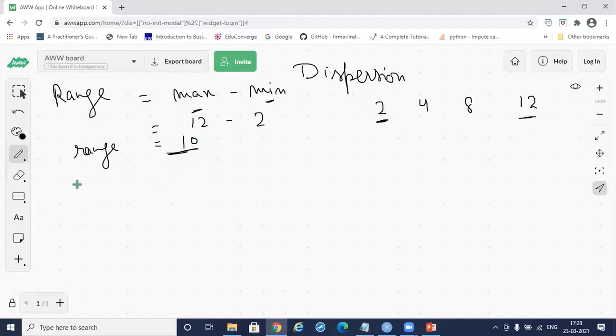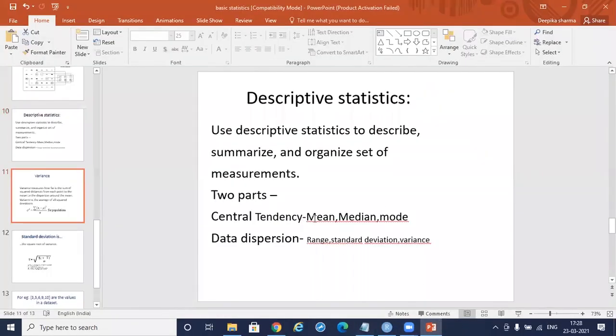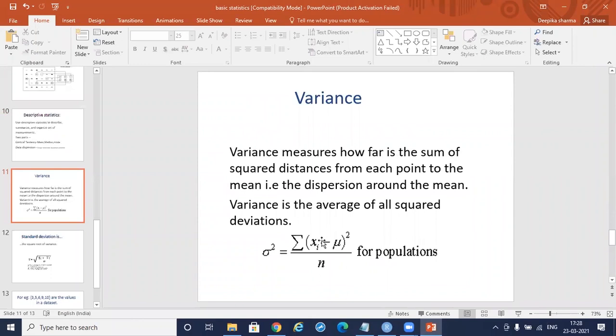In this way, we can find the range: maximum minus minimum. Now there is another one inside the dispersion, which is the variance. Variance means how much difference there is between the mean and the point. Variance will show how much difference there is between the point and the mean, finding the squared distance.